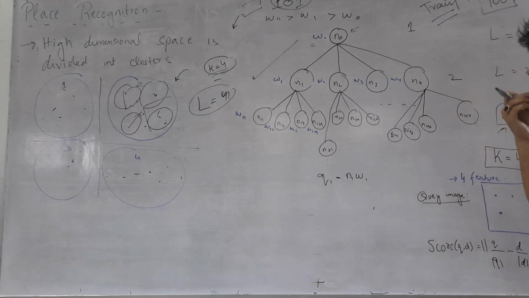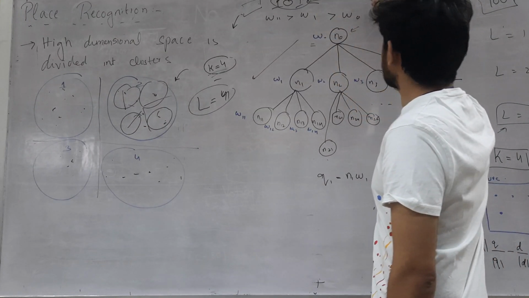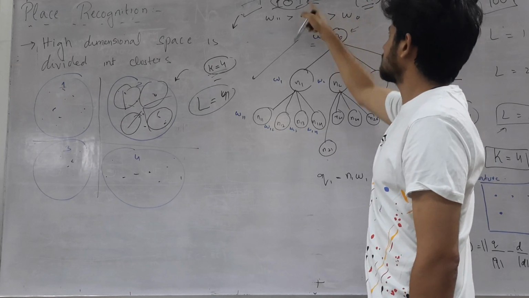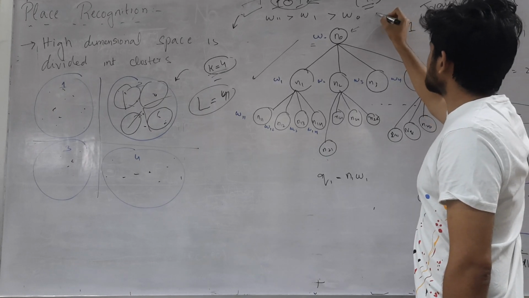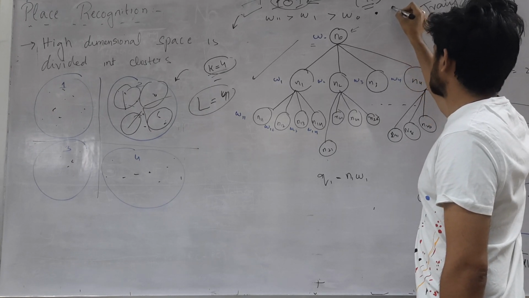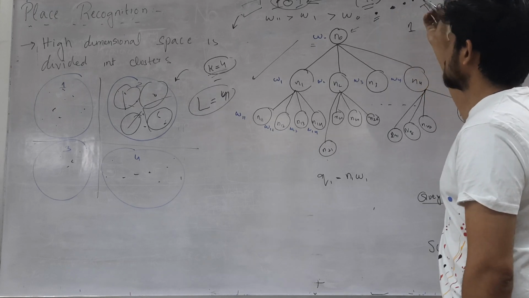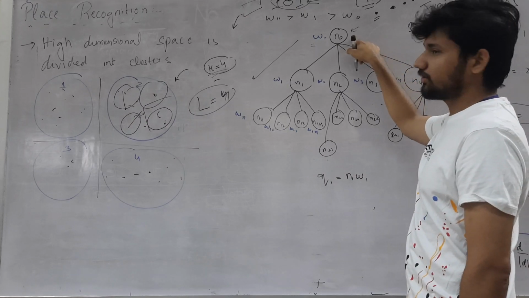So what you will do is you will simply extract the features from this. Let's say you extracted 10 features from this image, and now you will keep comparing each descriptor, that in this case is, let's say, SIFT, with the nodes.